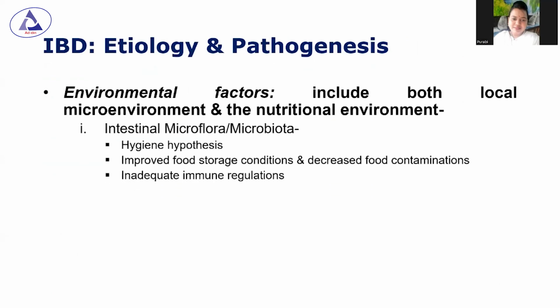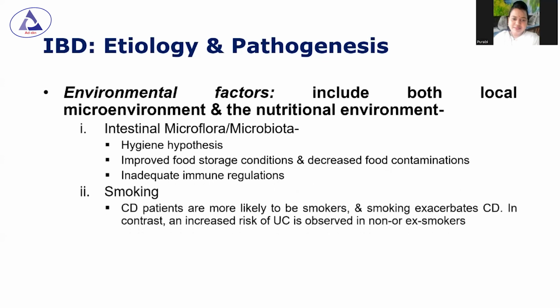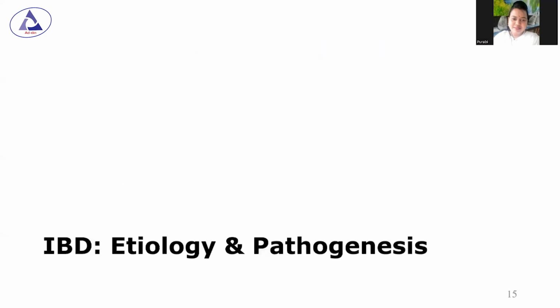Intestinal microflora includes the hygiene hypothesis, improved food storage conditions, decreased food contamination, and inadequate immune regulation. Smoking: Crohn's disease patients are more likely to be smokers, and smoking exacerbates Crohn's disease. In contrast, an increased risk of ulcerative colitis is observed in non-smokers or ex-smokers.